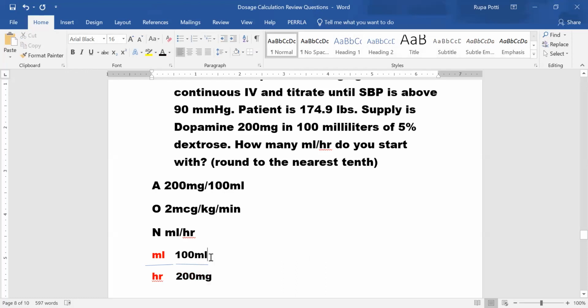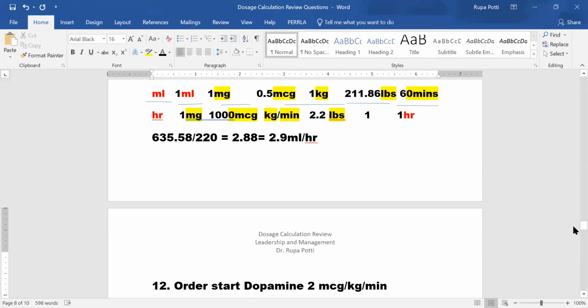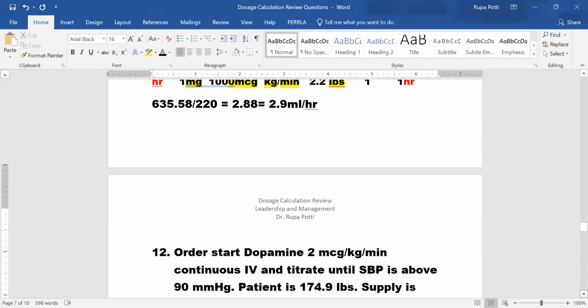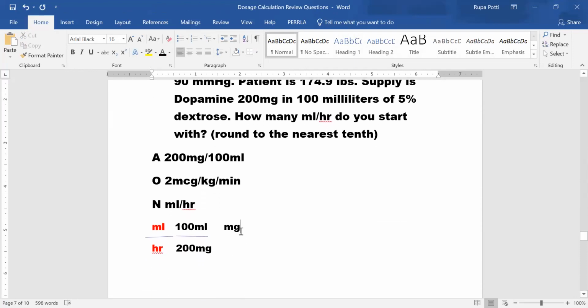Now, because you have milligrams in the denominator, you're going to start the next step with milligrams in the numerator. But you do not have anything with milligrams, and you know that you will be giving your medication in micrograms. So again, you will use this as a conversion factor.